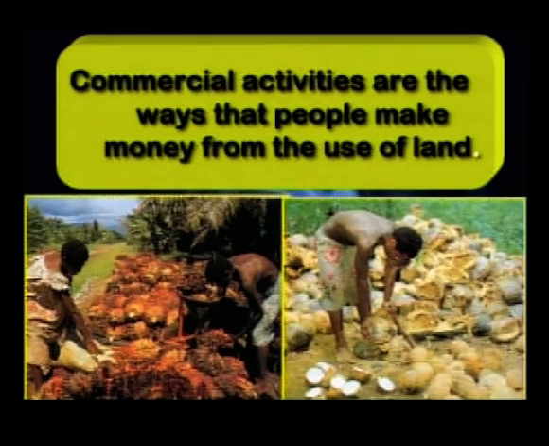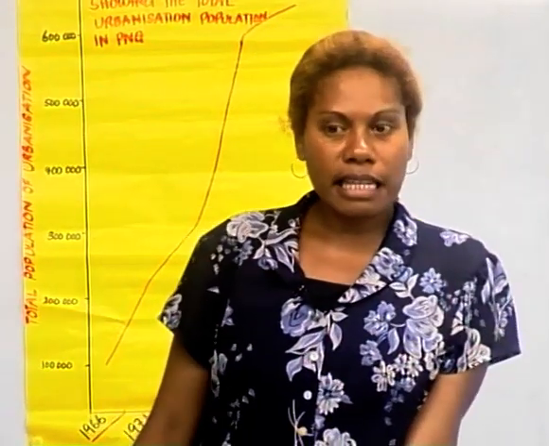Having plantations, cocoa plantations, coffee plantations. What else? Gold mining. Mining, all right, good. Cutting down trees, timber, logging. Those are examples of ways that people make money from the use of land.